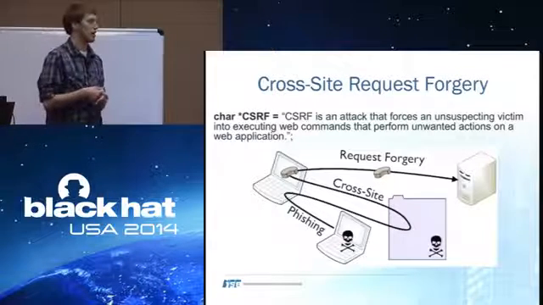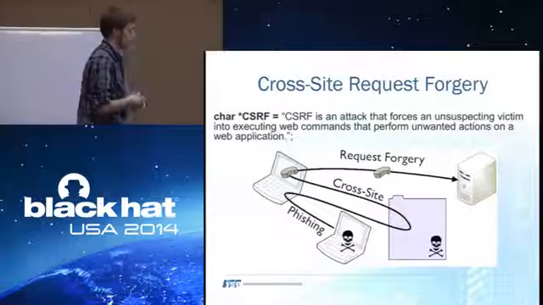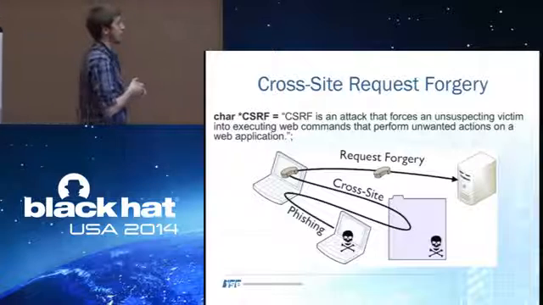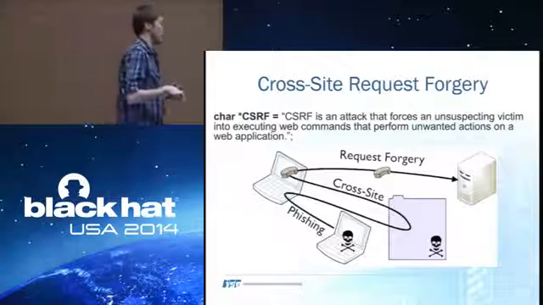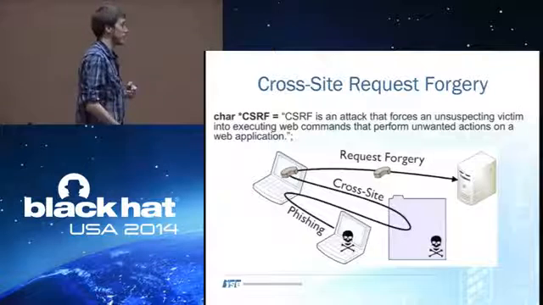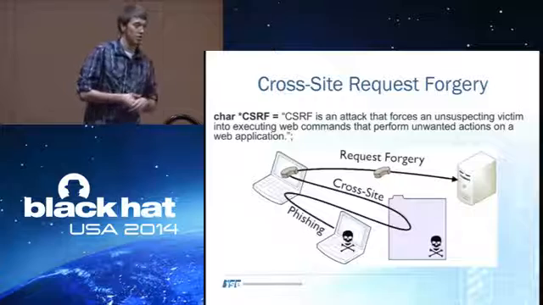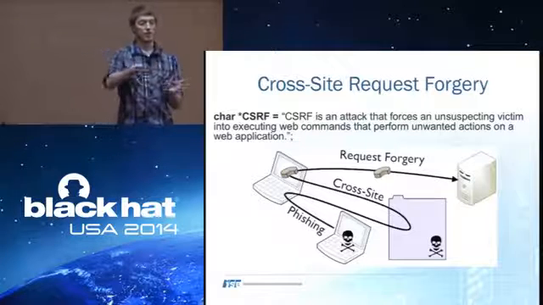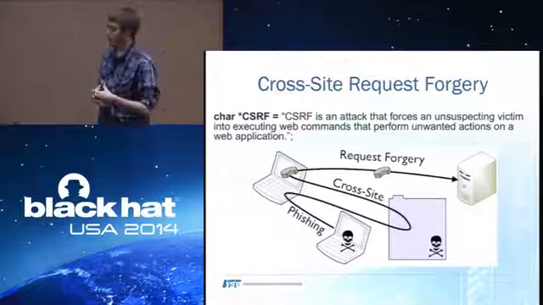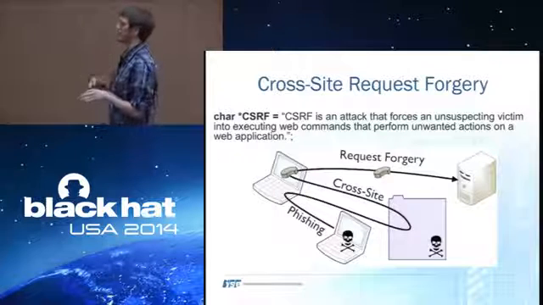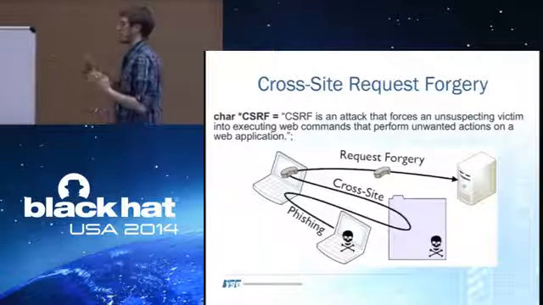This is done against web applications and is performed by an attacker hosting malicious code on an attacker-controlled web server that he then tricks the user into visiting, or compromising some other website and then somehow having the victim visit that website. What happens is the victim visits the malicious website.